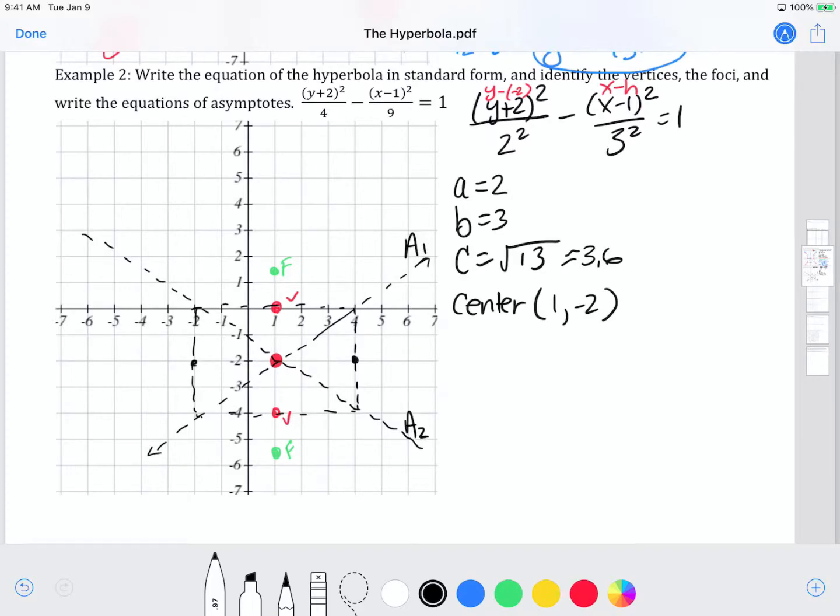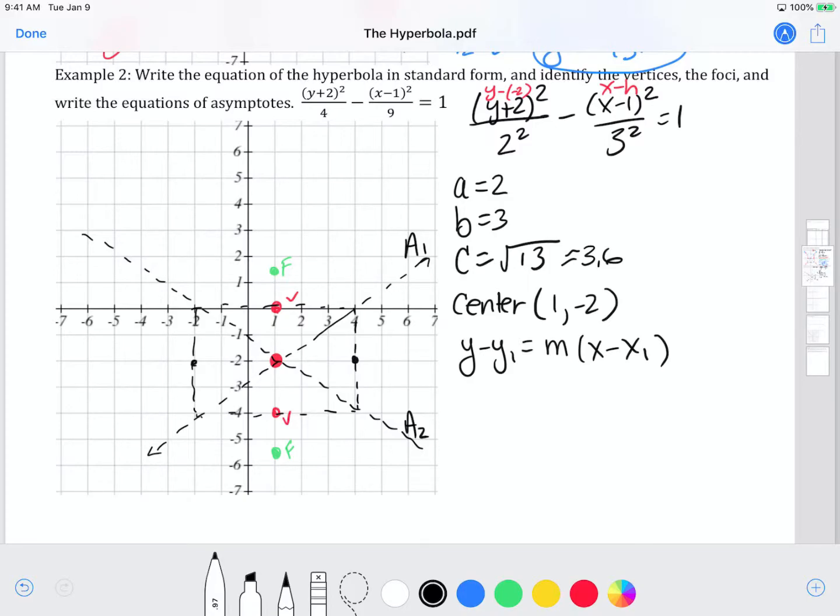Asymptote 1 has a positive slope. The point on the graph we can use for both asymptotes is the center, because it definitely passes through the point (1, −2). And to go from the center up to the corner of my box, I've got to go up 2 and go to the right 3.